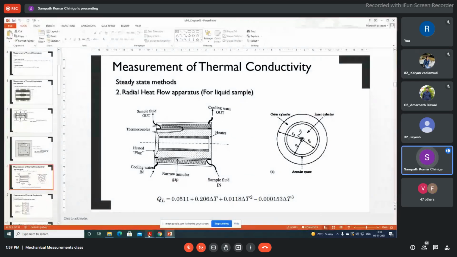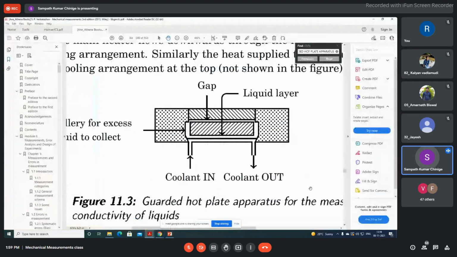Okay, right. So you can see over here, there is this guarded heater plate at the top, and then there is a small gap, and then there is the main heater plate. A very fine layer of liquid is kept in this particular space. This is the coolant side from where the liquid will come in, so that the surface on this side is kept at a lower temperature.